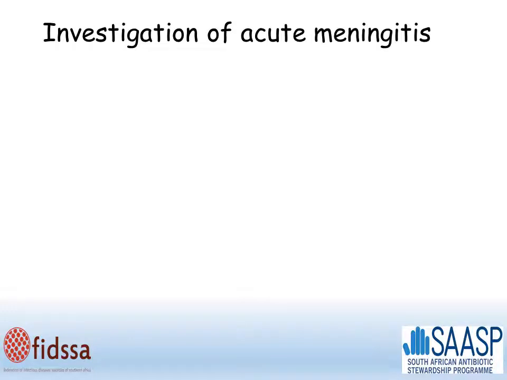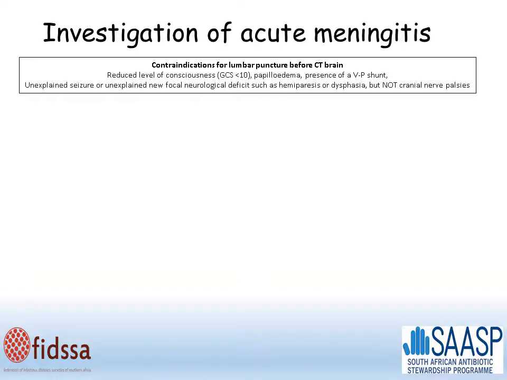This is a suggested flow diagram of how to investigate patients suspected of having acute meningitis. The first thing you need to consider is whether there is a contraindication to a lumbar puncture before a CT brain.